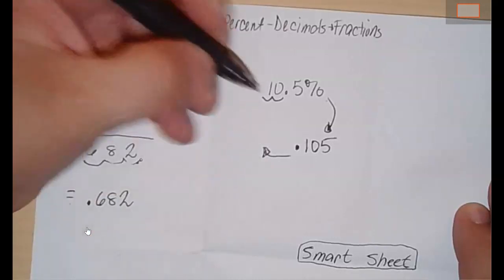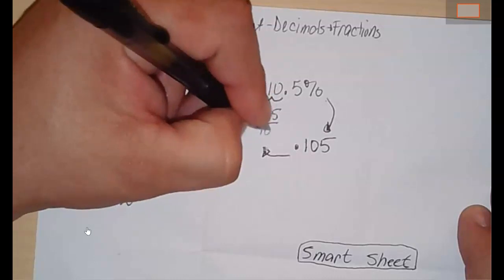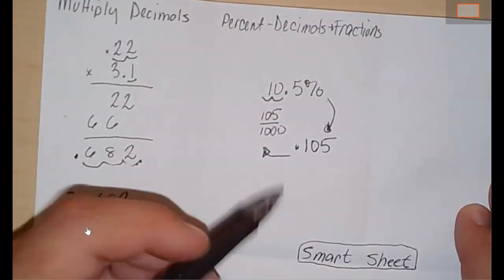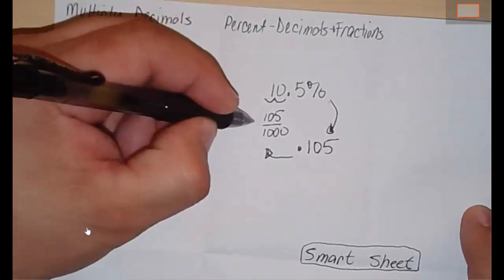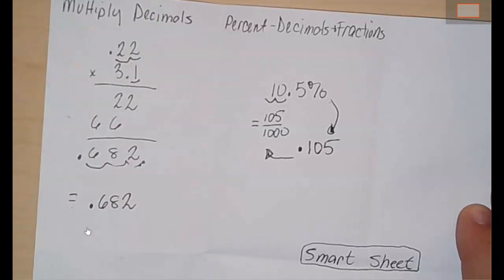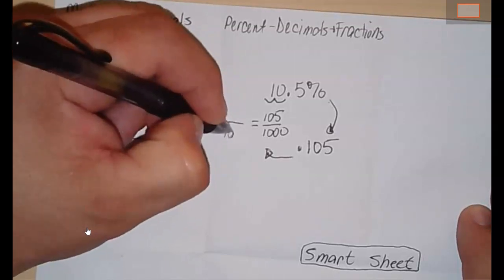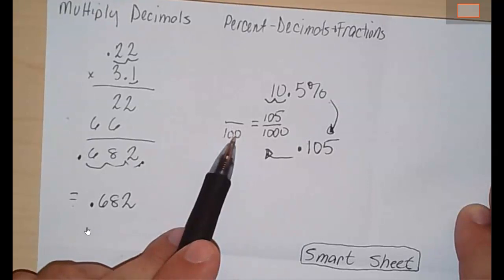Which is real valuable. A lot of you guys, I think, like it because 105 thousandths is really a fraction simply by reading it. And how do we get 100 in the denominator? Since we're dealing with percents, we want percent, right?